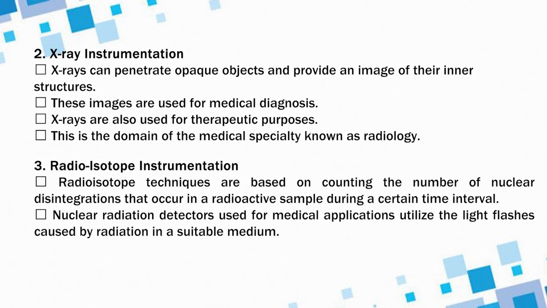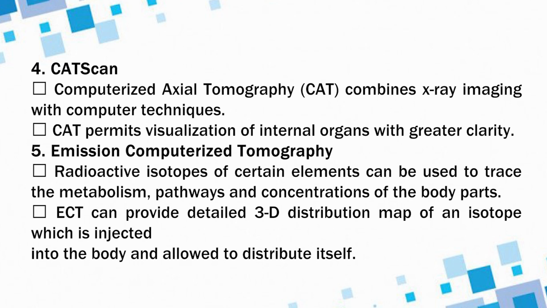Nuclear radiation detectors used for medical applications utilize the light flashes caused by radiation in a suitable medium. Now coming to the fourth technique, CAT scan system. Computerized axial tomography combines X-ray imaging with computer techniques. CT permits visualization of internal organs with a greater clarity.